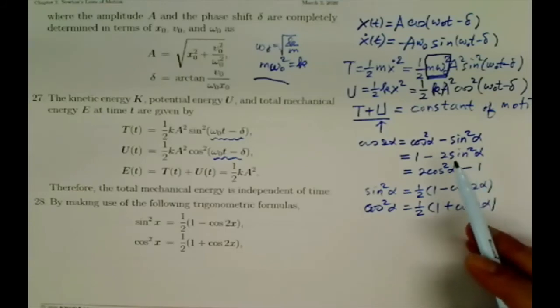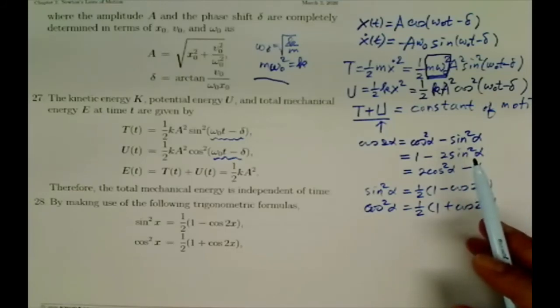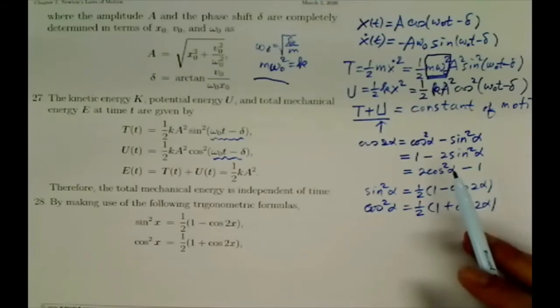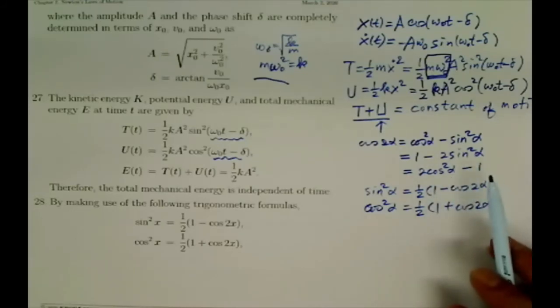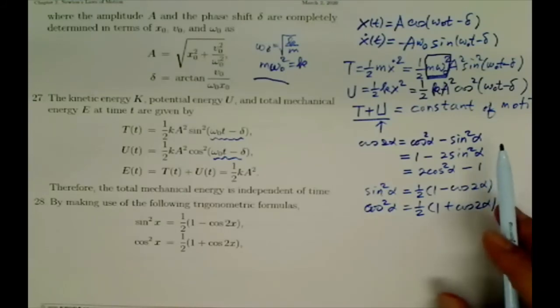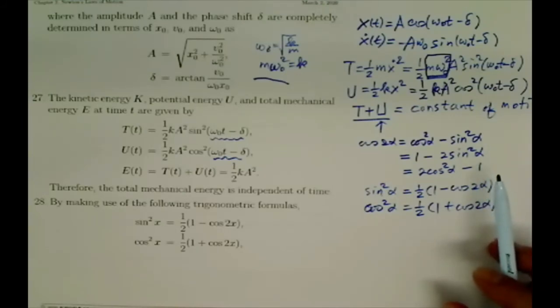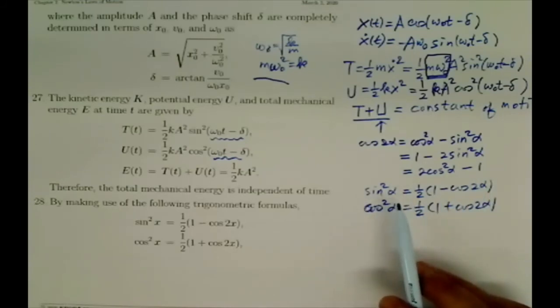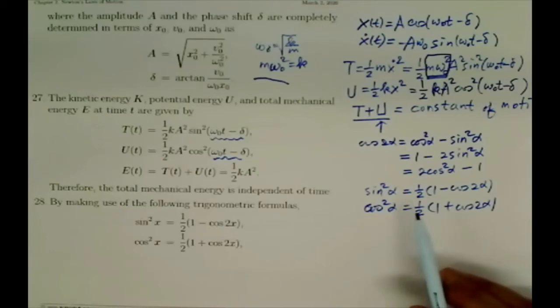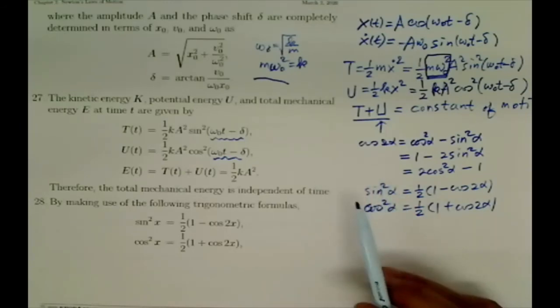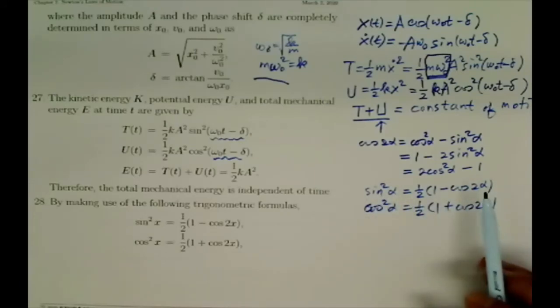If I replace sine squared alpha with 1 minus cosine squared alpha, then we obtain 2 cosine squared alpha minus 1. Therefore, from these two expressions, sine squared alpha is 1/2 times 1 minus cosine 2 alpha, and cosine squared alpha is 1/2 times 1 plus cosine 2 alpha. This means a squared sinusoidal function is always expressed as a constant plus a single sinusoidal function.